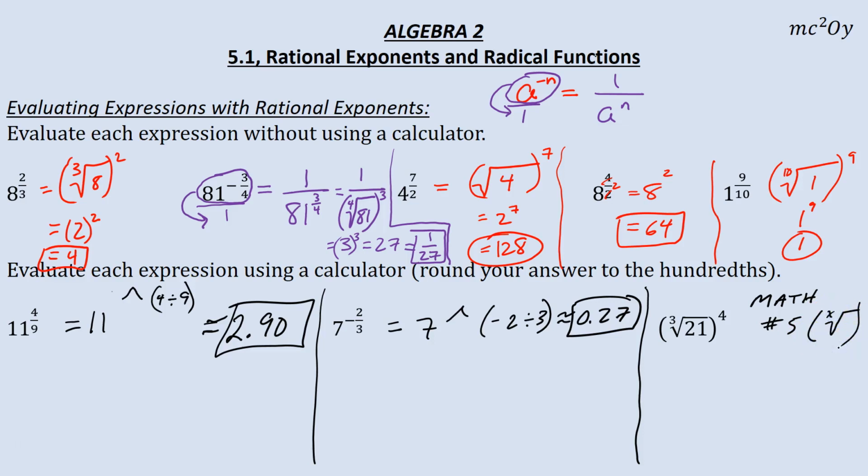When you push that, it's going to probably give you something that looks like this on your screen, A and S, and then a place for you to type. This is where the 21 goes, obviously, but the A and S needs to be a 3. So you would use your arrows to come over here, backspace to get rid of the A and S, and type 3. Or you could hit 3 and then this, and it would let you, so you wouldn't have to do that. Then put in the parentheses and to the 4th. That gives you approximately 9.81.